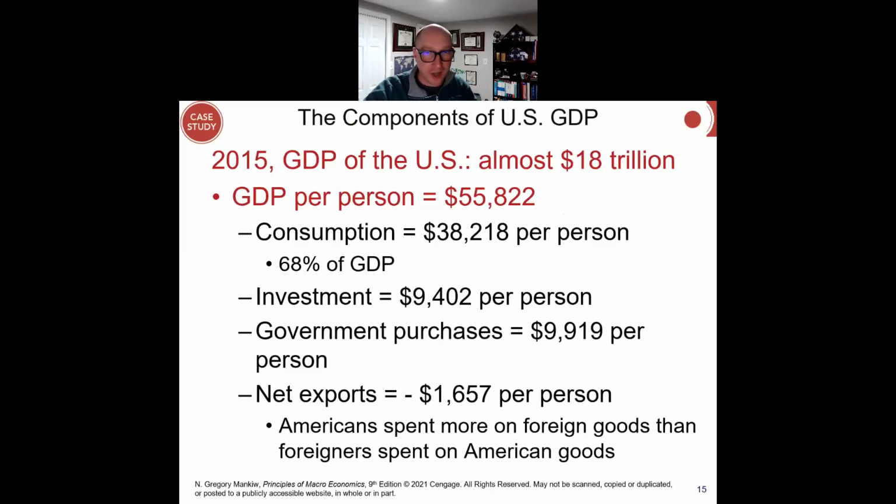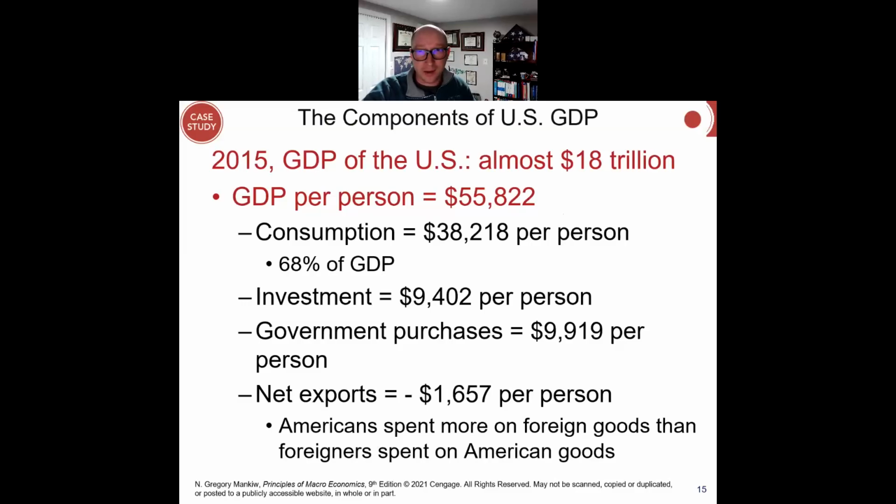This is a real example from 2015, so about 10 years ago. 10 years ago, the GDP of the United States was almost $18 trillion, with a T. Most people can't understand that kind of number because it's so big. So $18 trillion, and you think to yourself, okay, that's pretty good, right? Yeah, it's pretty good. But let's take a look and break this down.